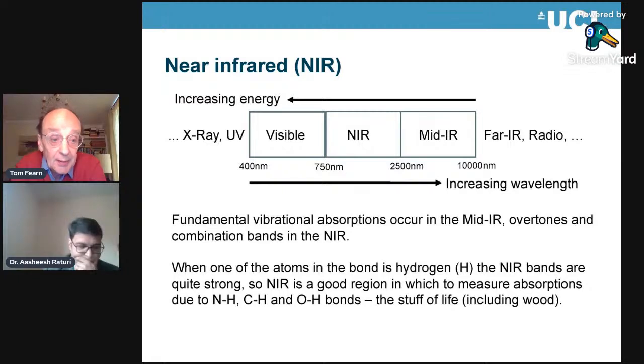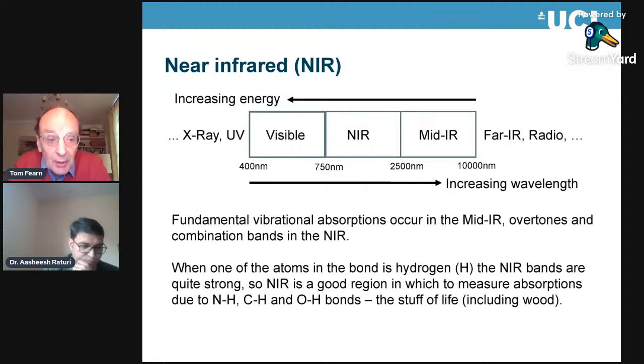And you can't see that, but you can feel it. So if you put your hands up to a fire, you can see the red glow, but most of what you can feel is longer wavelengths, which are carrying energy out to you. And then we go into the mid-infrared and past that, far infrared, radio, etc.